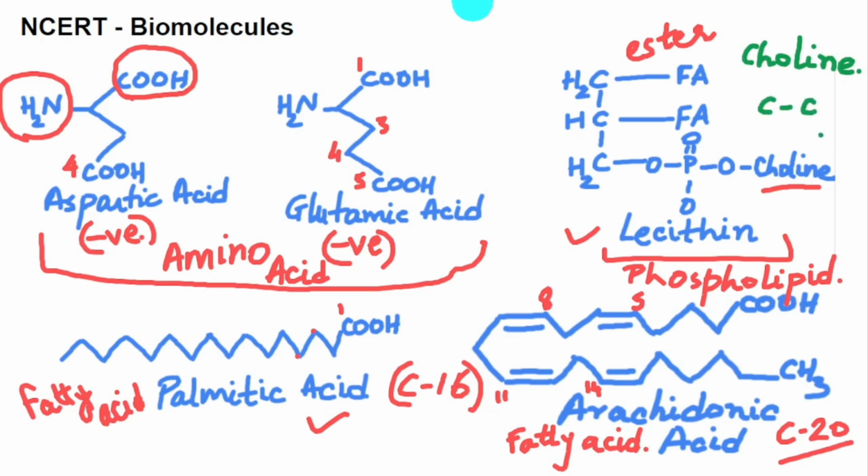Basically, this is 2 carbon plus you will have a nitrogen group, and to the nitrogen there will be 3 methyl groups, CH3. In the bracket there are 3 methyl groups, and this one will be oxygen, and this oxygen will be attached to the phosphate group. So this is the structure of choline.